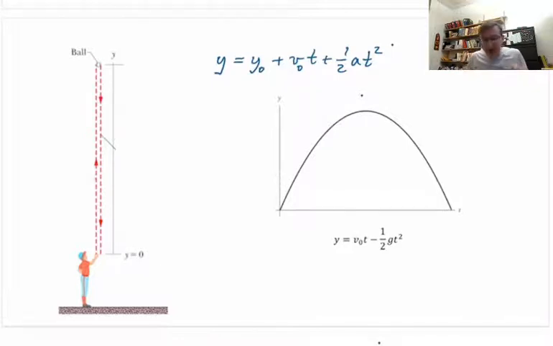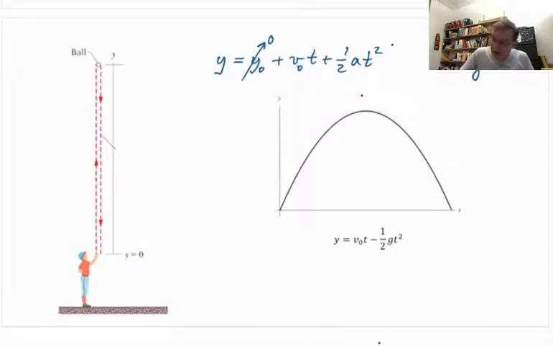And now apply that to our scenario that we see in the picture here. For example, we know in this particular case that the initial y coordinate of the baseball is 0, right? Because we chose the origin to be where it's released. The initial velocity of the baseball is not 0. And for the acceleration, we're going to put in the symbols negative g.